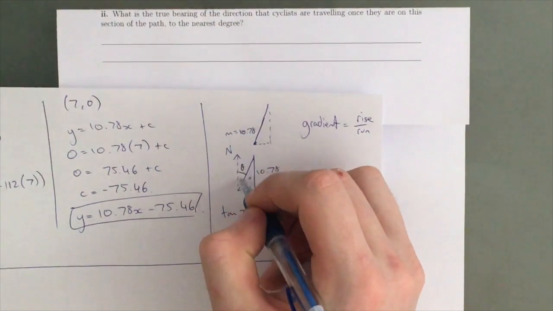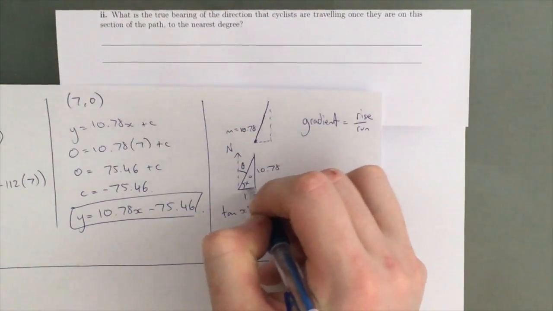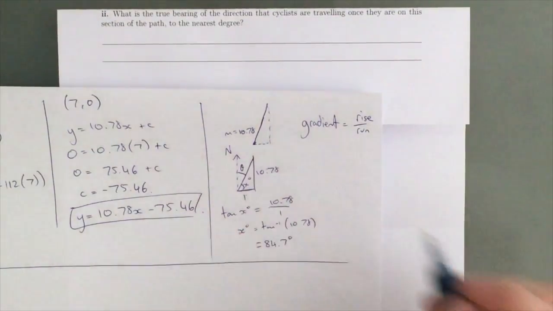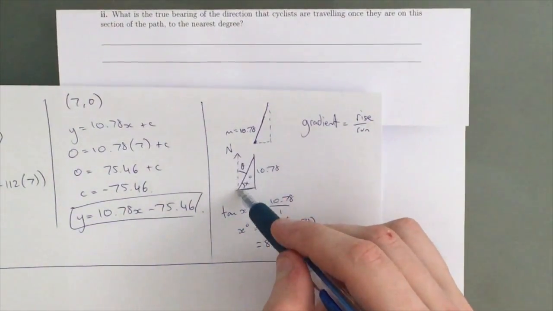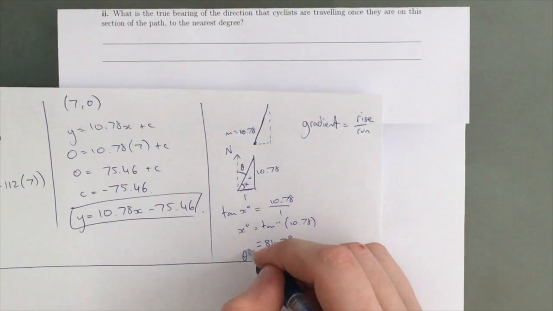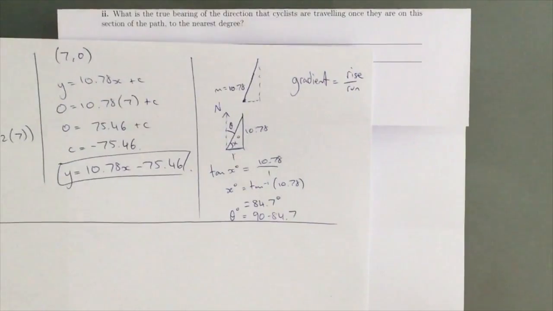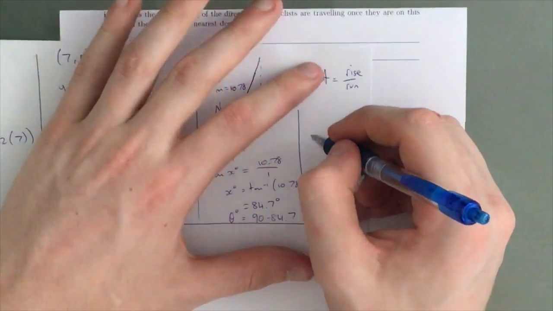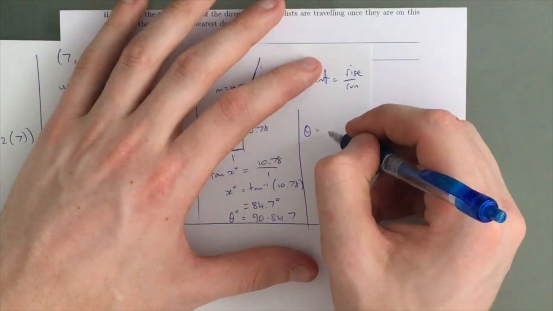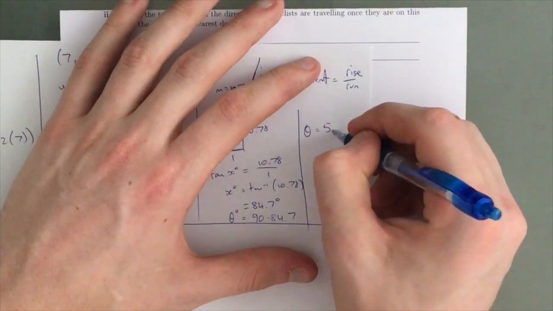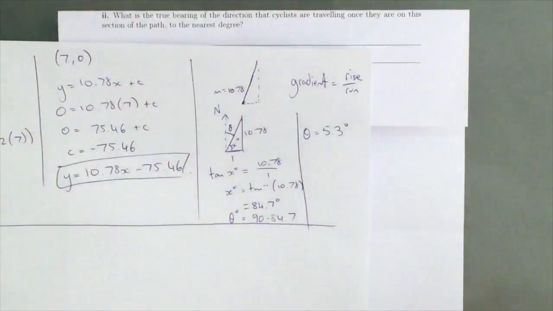Because north is perpendicular to the side of this triangle, which is at the x-axis, that means that this is a 90-degree angle here, which means that theta is equal to 90 minus 84.7, which gives us the second final answer, I guess: theta is equal to 5.3 degrees.